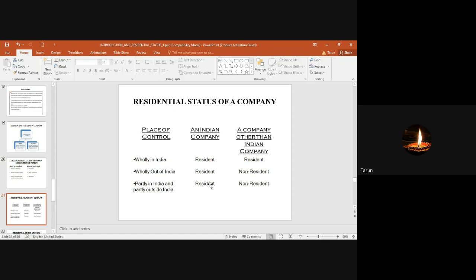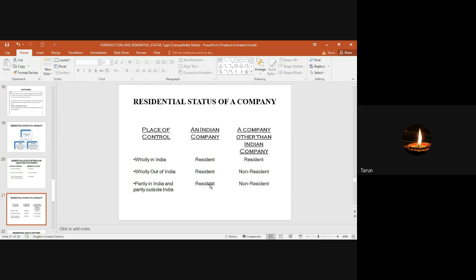Now we talk about the residential status of a company in more detail. Indian and foreign company in a very short way. Place of control: wholly in India, only outside India, partly in India and partly outside India. For an Indian company, all of these three categories are resident. When we talk about a company other than an Indian company, that means a foreign company, if it is wholly in India, it becomes a resident.